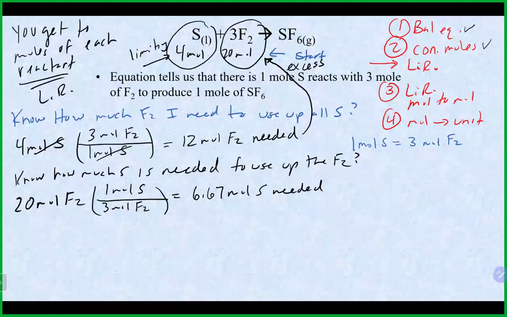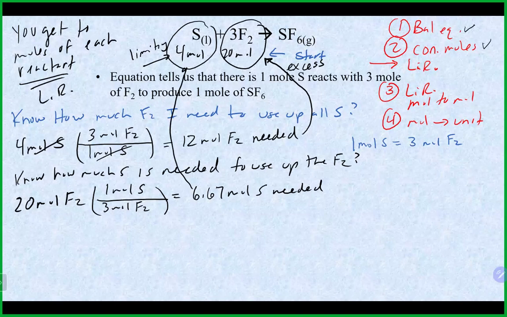We would then compare that to how many moles of sulfur we started with. In this case, I would need 6.6 moles. I started with 4. Do I have enough? I don't, right? In this case, I do not have enough. So that tells me sulfur is the limiting reagent.